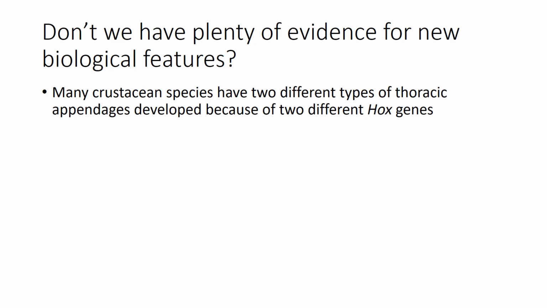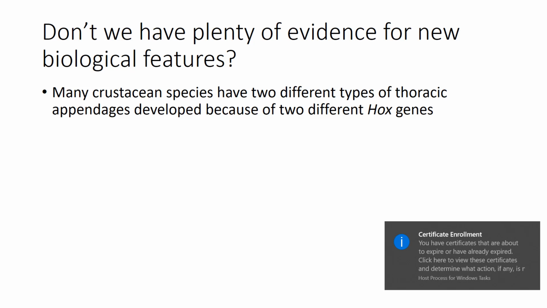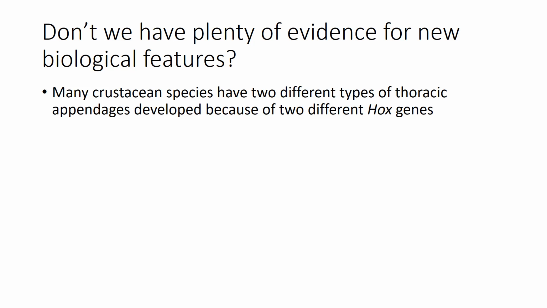And so here's some examples. There are a number of crustacean species that have two different types of thoracic appendages. And what you find is that the two different types of thoracic appendages are developed because of the work of two different Hox genes, two different master control genes or regulatory genes.